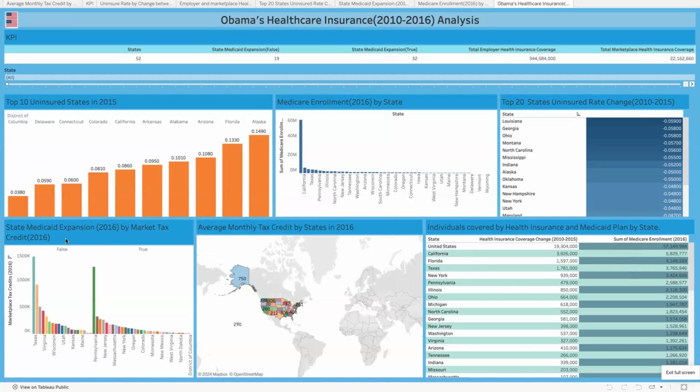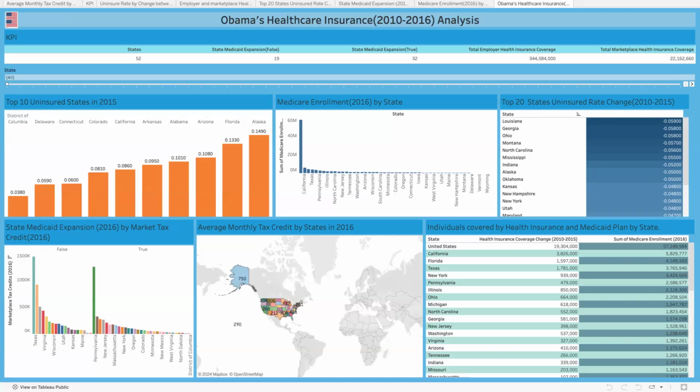Our next visualization is the state Medicaid expansion 2016 by market tax credits. The market tax credit is a premium tax program provided to make marketplace insurance more affordable. The ACA provided premium tax credits for individuals and families with incomes between 100% and 400% of the federal poverty level.